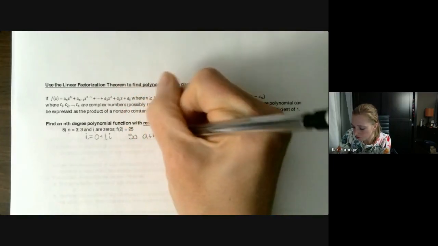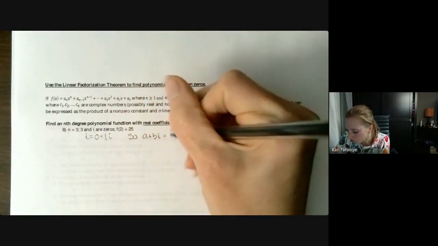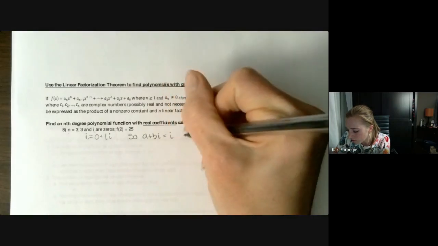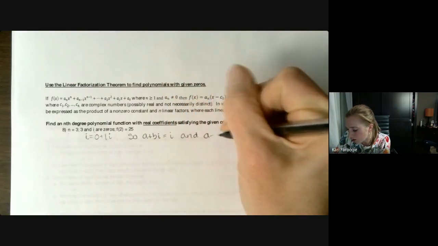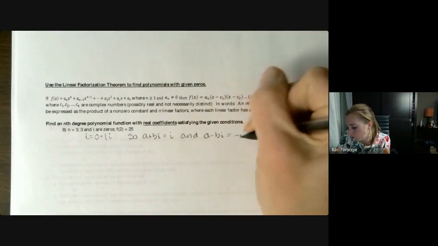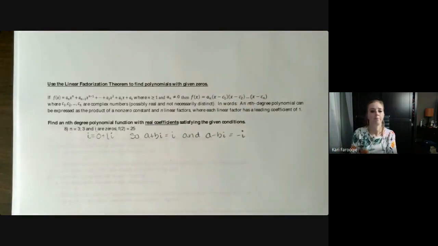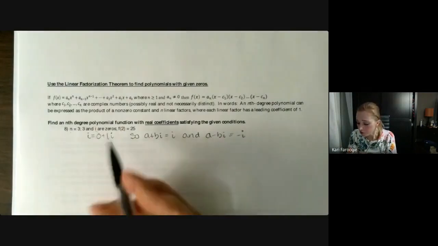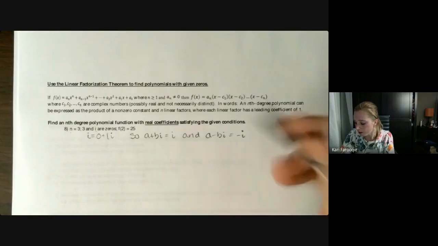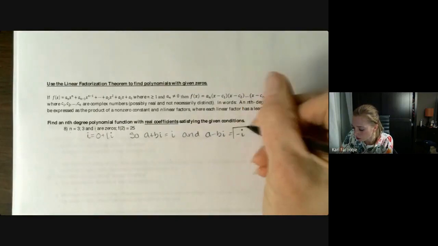So a plus bi equals i, and a minus bi equals negative i. So if you have i as a 0, then you also have, by definition, negative i.